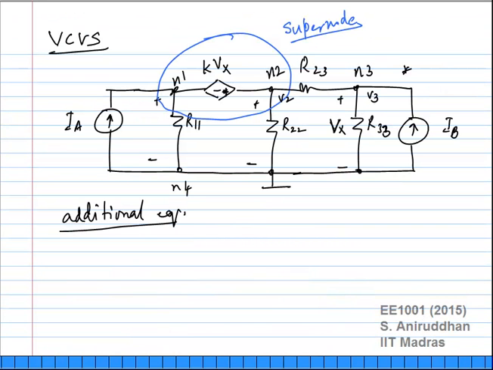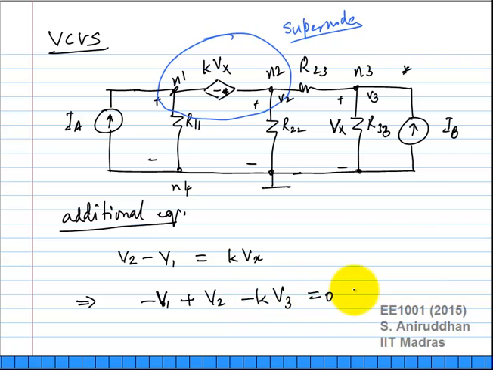So the additional equation would be V2 minus V1 is K times Vx. I'll rewrite this as minus V1 plus V2 minus K times V3 is 0. Again, you have to rearrange it similar to the original equation that you had.